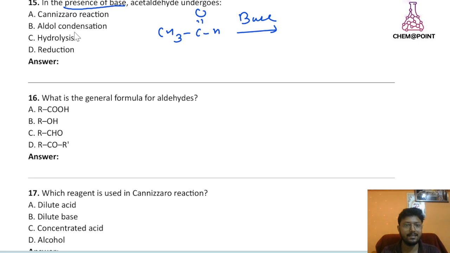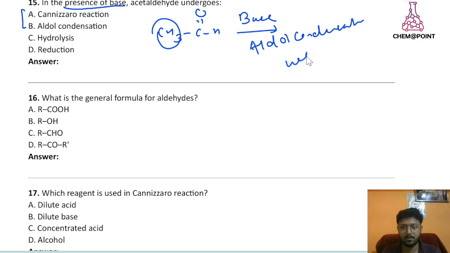In the presence of base, acetaldehyde shows aldol condensation.